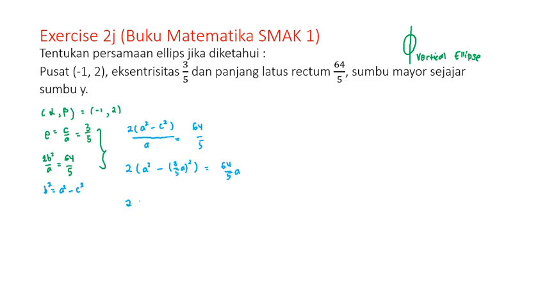Then let's simplify. 2a squared minus 9 over 25a squared is 64 over 5a. Then you have 2a squared minus 18 over 25, or this is 50 over 25 minus 18.